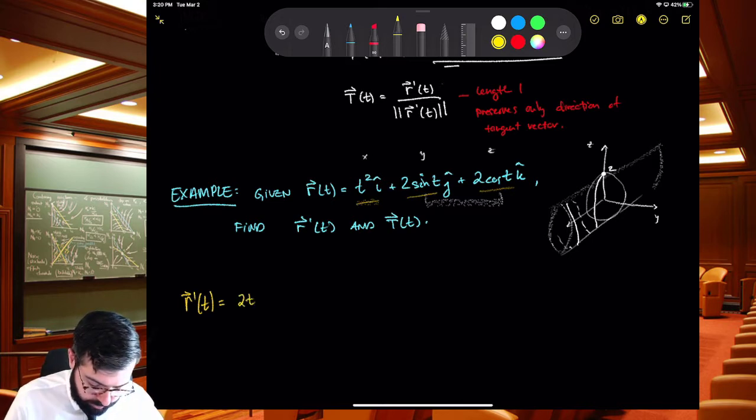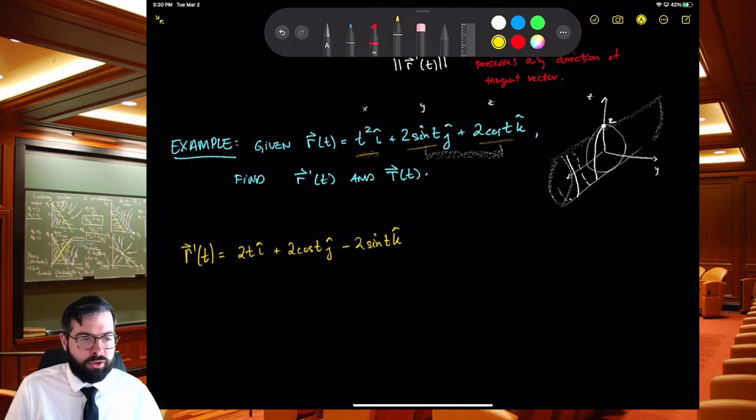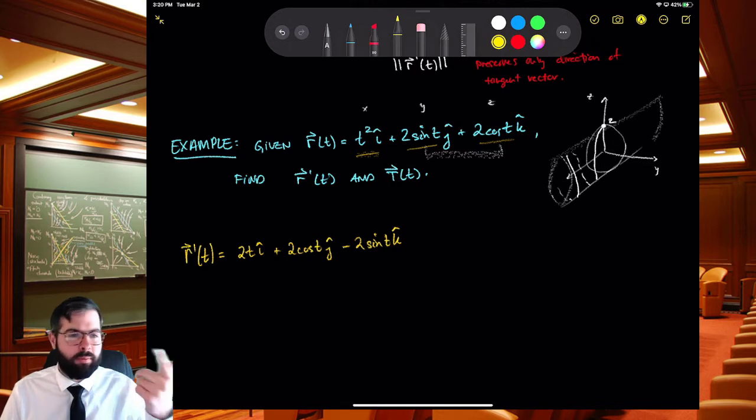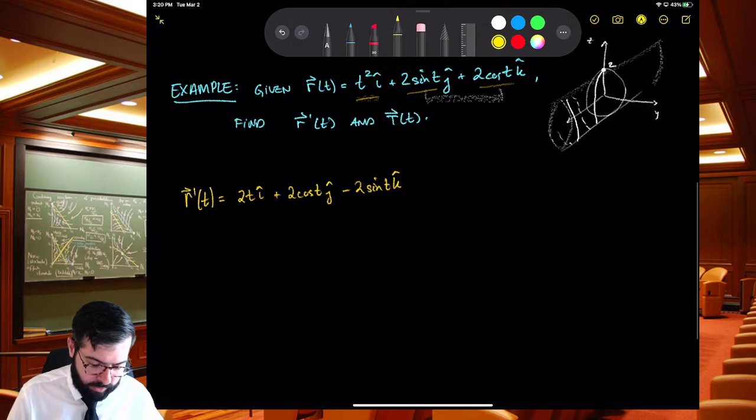So it's going to be 2t i hat plus 2 cos t j hat minus 2 sine t k hat. And if I blast through these quickly, maybe we're rusty on differentiation rules. Make sure you refresh those, and you can come back and watch the video again later. But try to keep up and make sense as we go through. So r prime is given by this function.